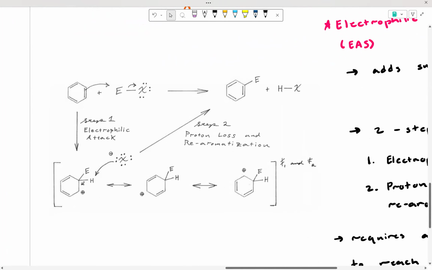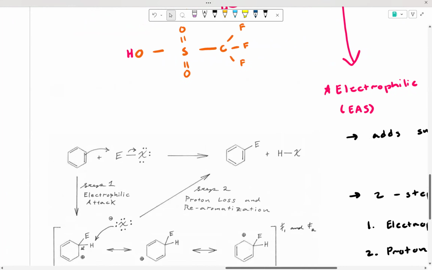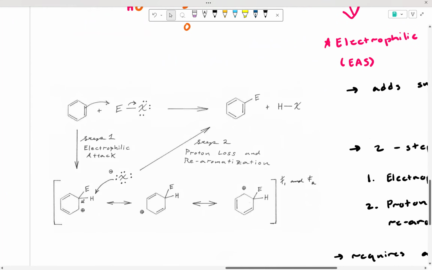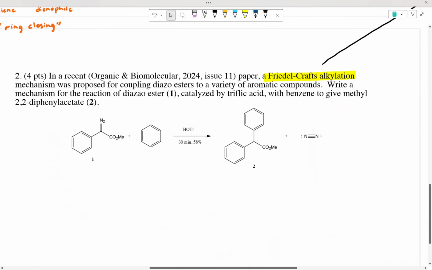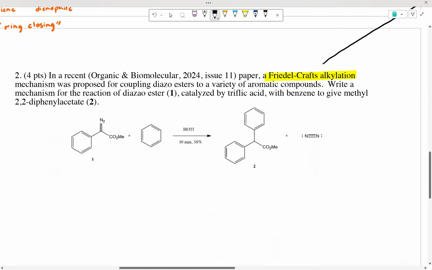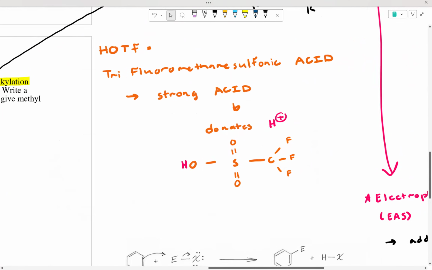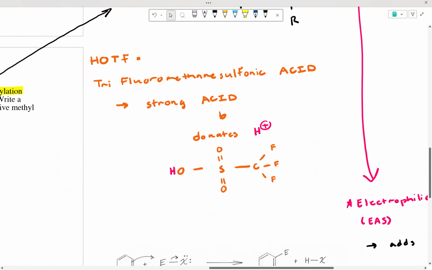But we're going to see this sort of mechanism appear once I draw my reaction here. And the second thing to recognize is that HOTf is triflic acid. And triflic acid is a strong acid, which means it donates hydrogen atoms.